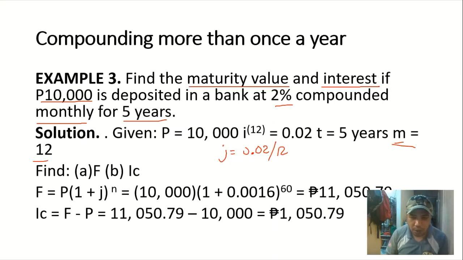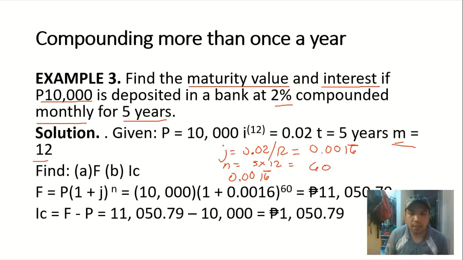That will give us 0.0016 bar. Dapat hindi ito 6 lang, but 6 bar. N is equals to 5 times 12, and that is 5 times 12 is 60.